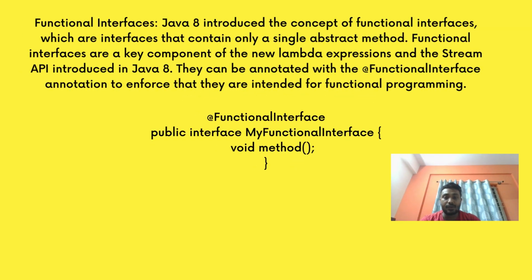And a very important feature of Java 8 is functional interfaces. Java introduced the functional interface concept, which are interfaces that contain only one abstract method. Functional interfaces are a key component of the new Lambda expressions and the Stream API introduced in Java 8, and they can be annotated with the @FunctionalInterface annotation to ensure that they are intended for functional programming.